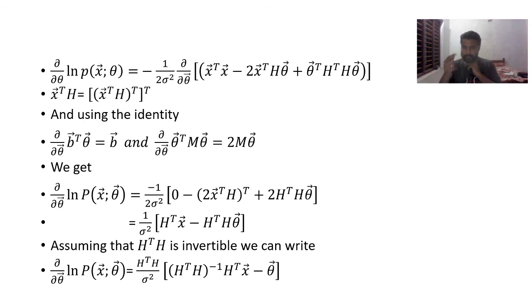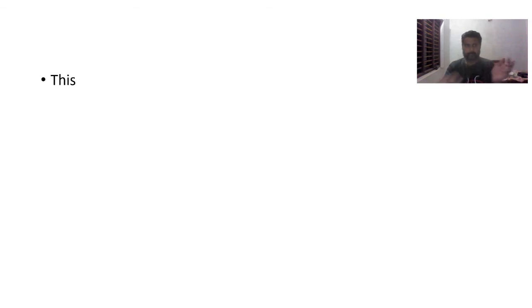If you compare equation 1 with this equation, it is similar, where I of theta is nothing but h transpose h by sigma square, g of x is nothing but h transpose h inverse h transpose x, and theta is theta itself. So this is exactly of the form of equation 1.